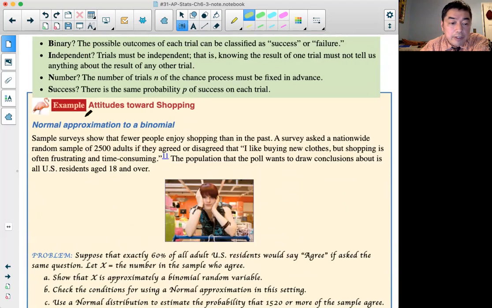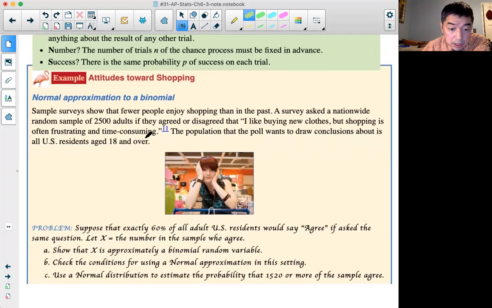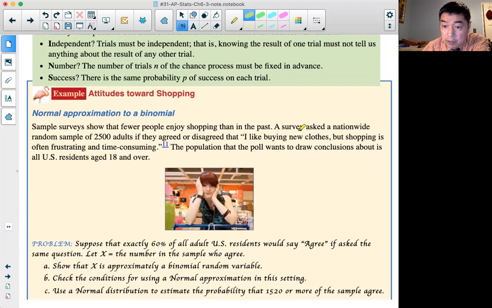So success is, when we asked the question, they answered that 60% of adults said agree to what? The shopping is often frustrating and time consuming, okay? I like buying new clothes, but shopping is often frustrating and time consuming. So that's the agreement sentence.